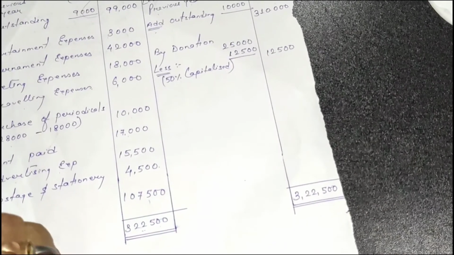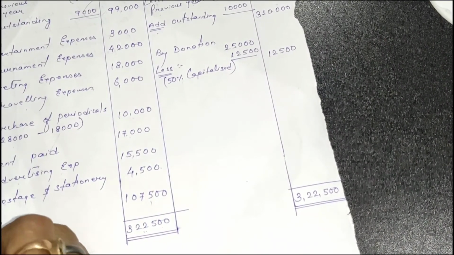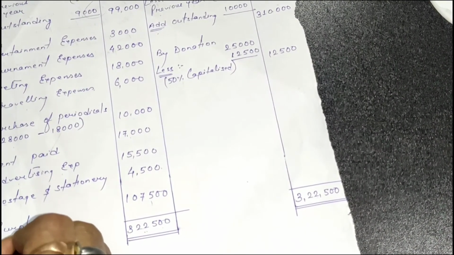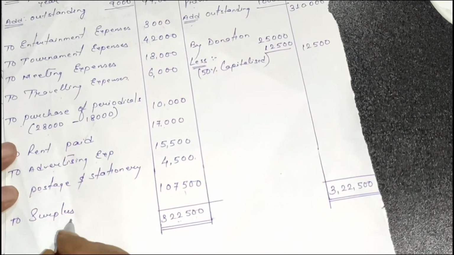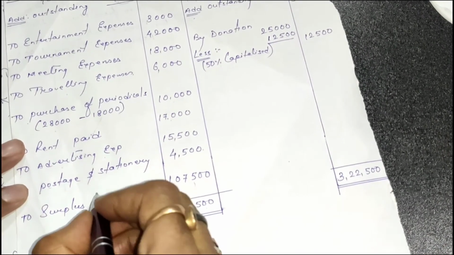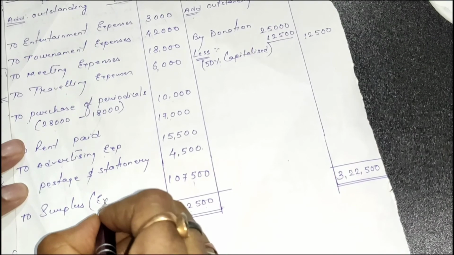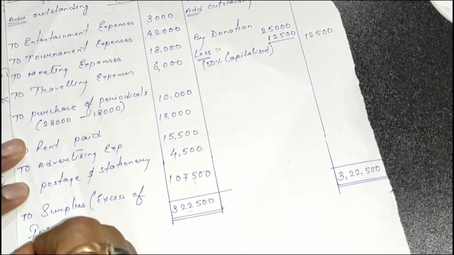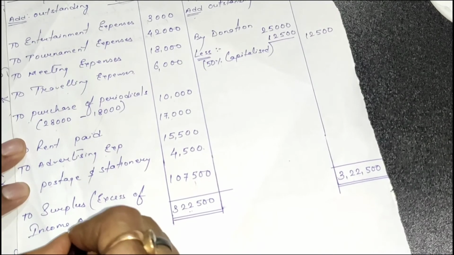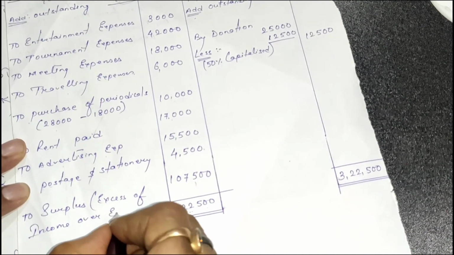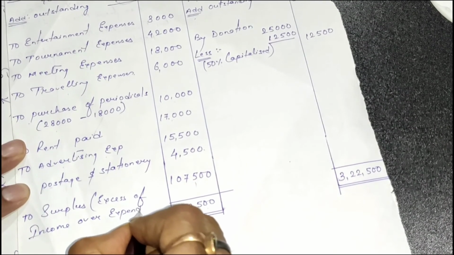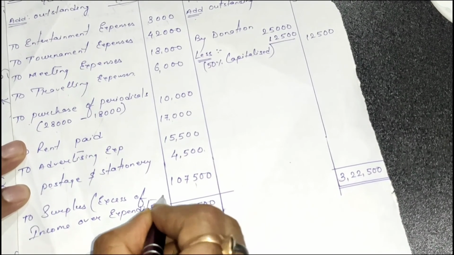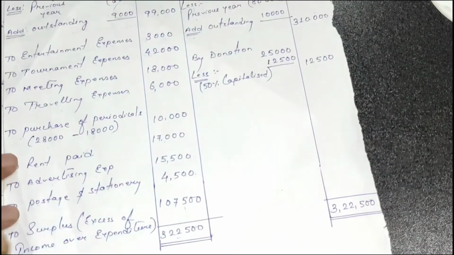So you'll write here to surplus. Then in bracket do mention it, excess of income over expenditure. Okay, so in this way the sum is completed.